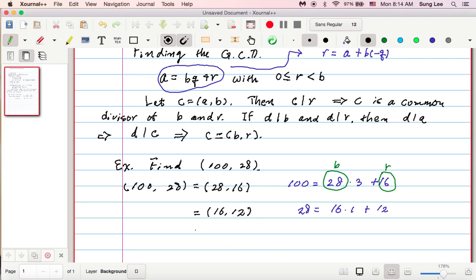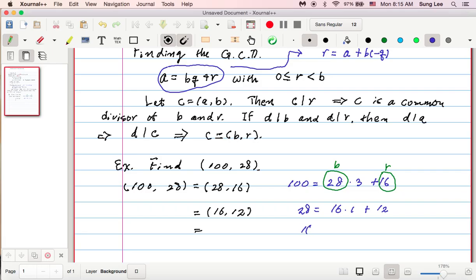Let's go further. This time we divide 16 by 12. That's already easy. I meant to use a different color, I keep forgetting.